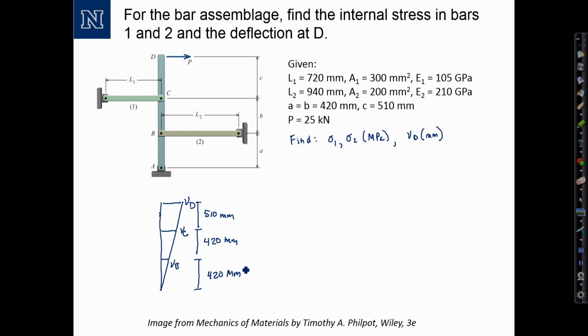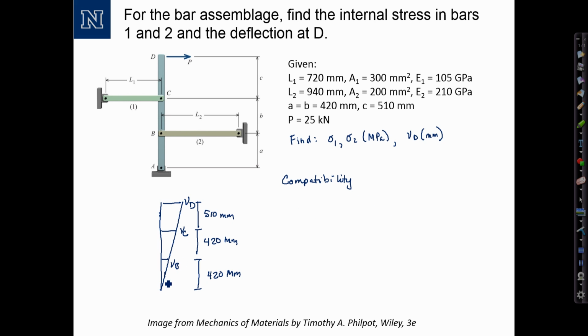So using similar triangles, I can write the relationship between the deflections, and that is my compatibility equation, or my compatibility consideration for this particular problem.